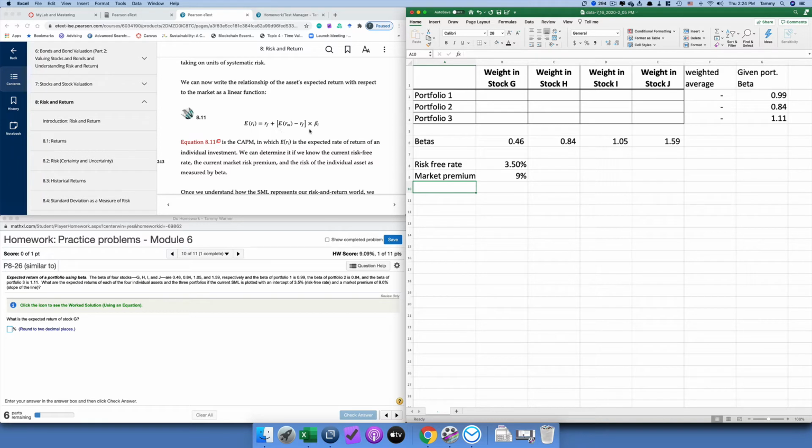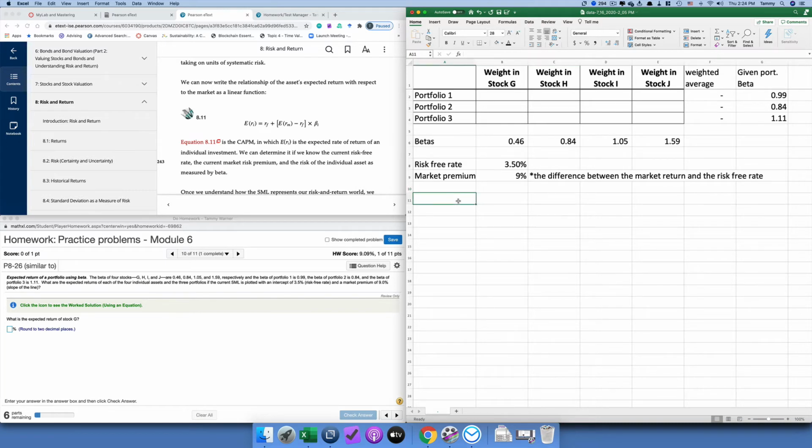It's the difference between the market return and the risk-free rate. All right, so that's important to keep in mind. Okay, so we now have an equation that goes, the expected return on an asset is equal to the risk-free rate plus the market premium times the beta of whatever it is that we're looking at.